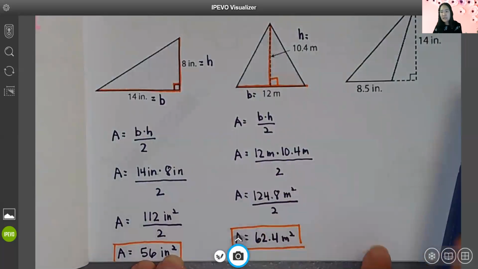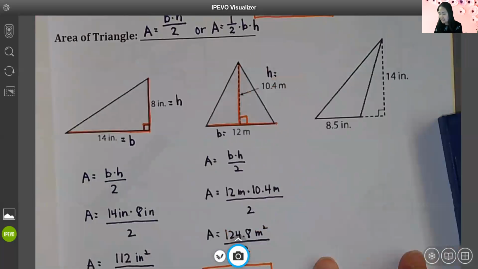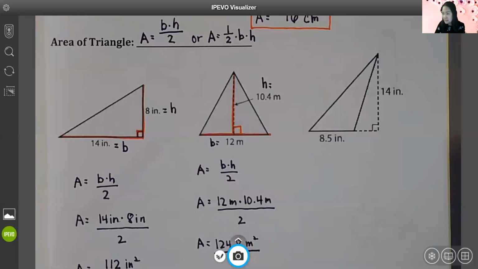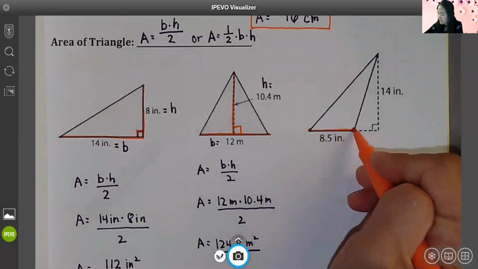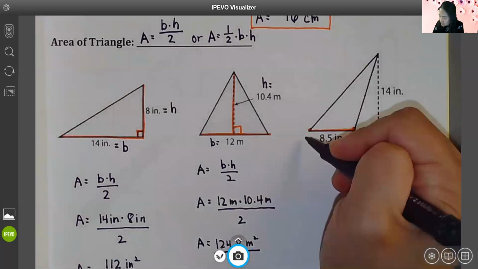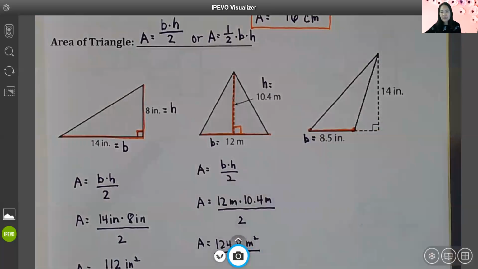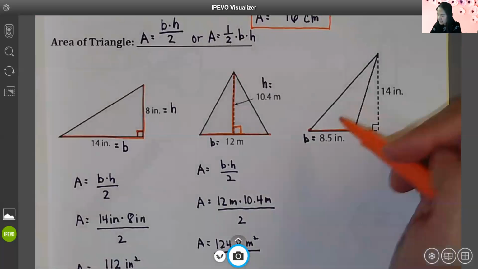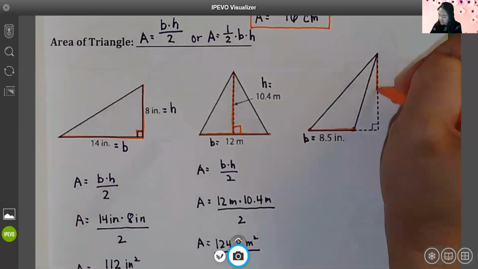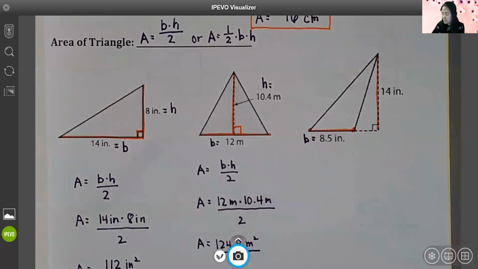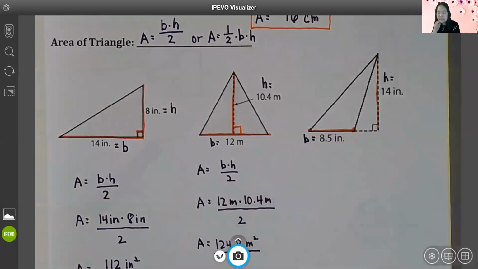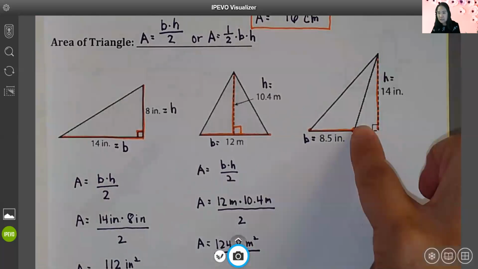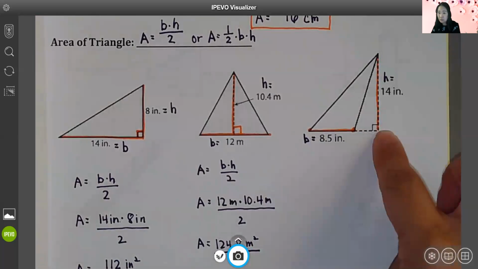Okay, I'm not going to do the third one, but I want to let you know what the base and the height are. The base is from here to here. So the base is 8.5 inches. But look at the height, okay? The height is right here, 14 inches. Yes, the height of the triangle in this type of triangle can be outside of the triangle, okay?